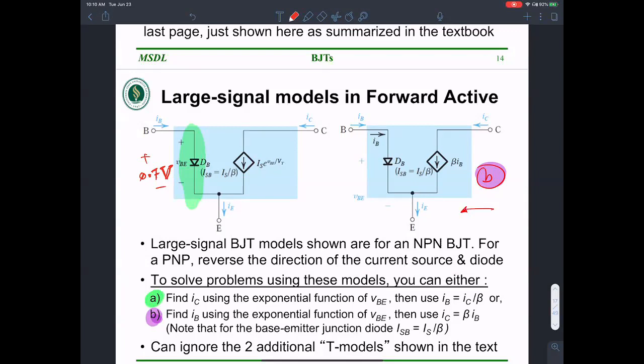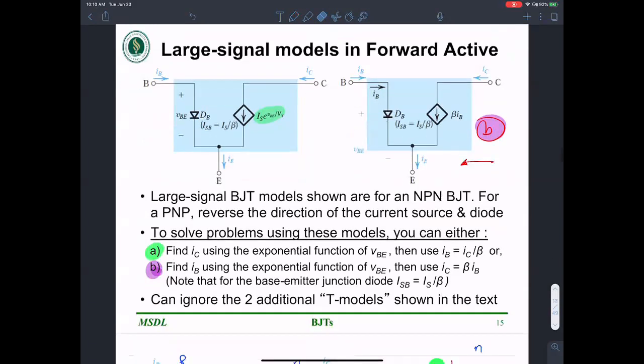Corresponding to this VBE, I should be able to find IC over here. The DC voltage across this diode is 0.7, but then there's a small signal VBE as well, that's changing around the base emitter terminals.